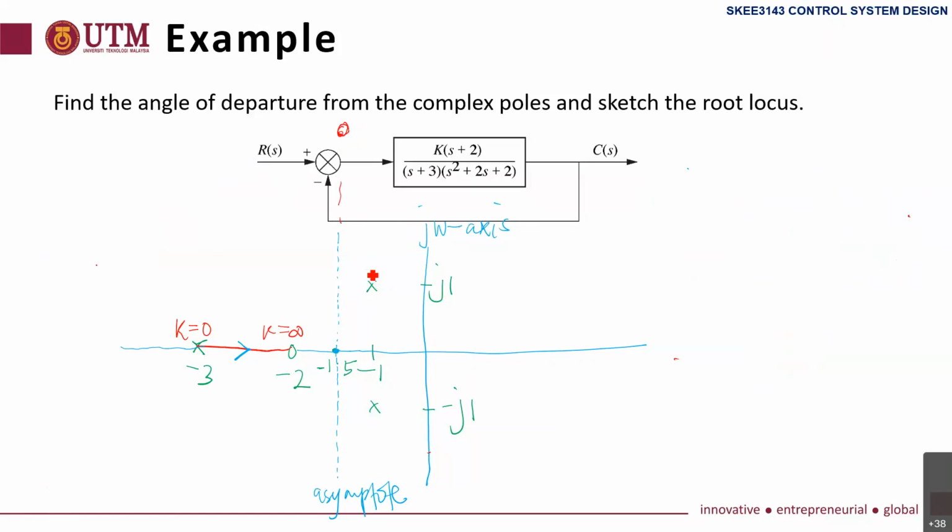So with the asymptote, we say that the root locus must start from the pole. Here we use this asymptote to locate the zero. Always, we try to locate the zero by following the asymptote.